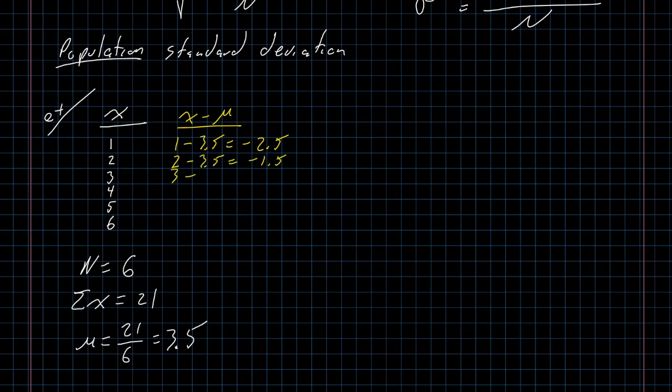I take 3 minus 3.5, 4 minus 3.5, 5 minus 3.5, and 6 minus 3.5. And that gives me the deviation from the mean for each score in the distribution.